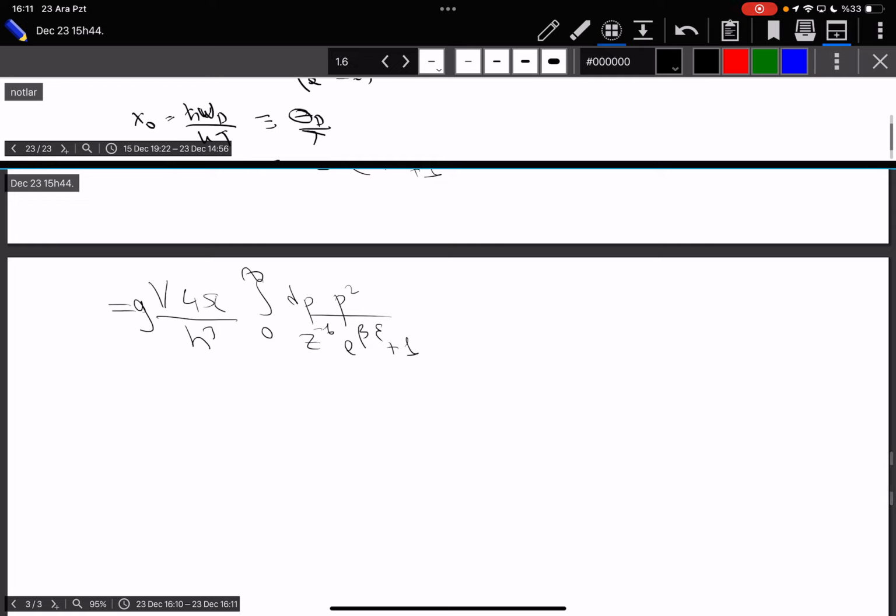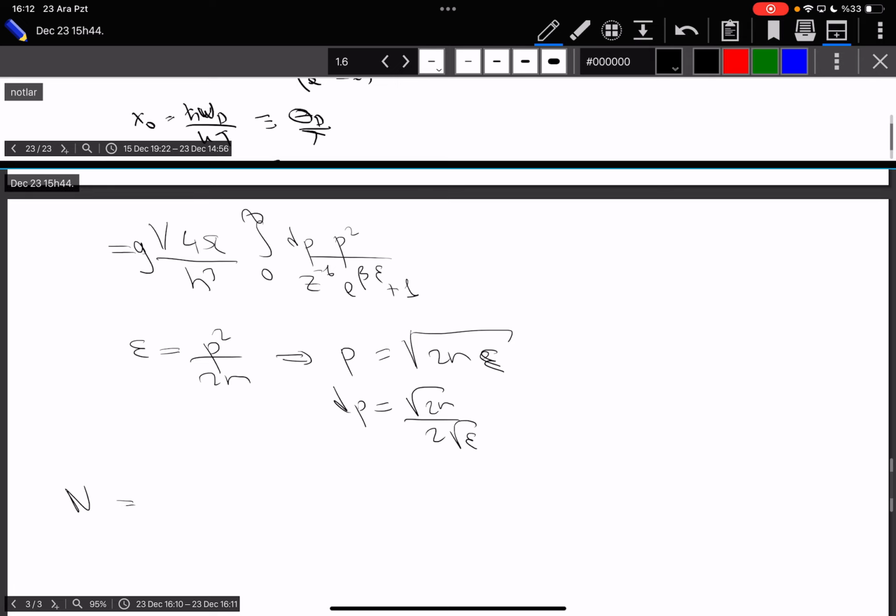And typically we prefer to write this as an integral over the energy. So if energy is given by p squared over 2m, dp is square root of 2m over 2 square root of epsilon.